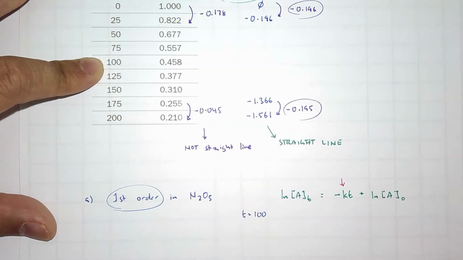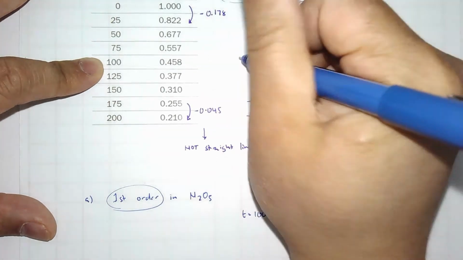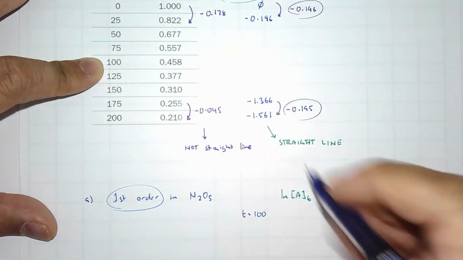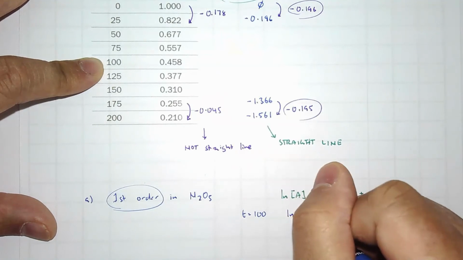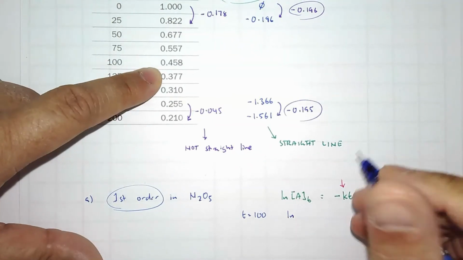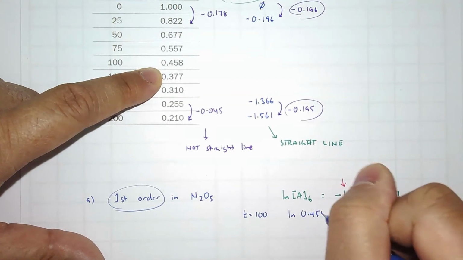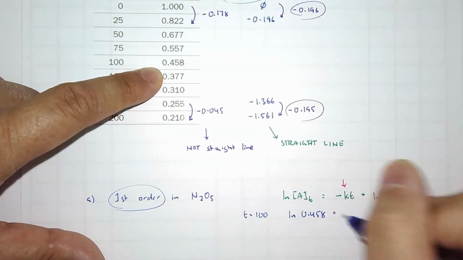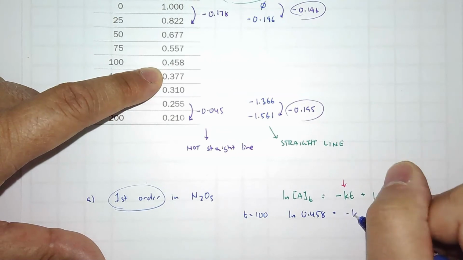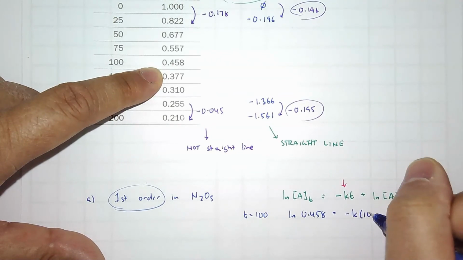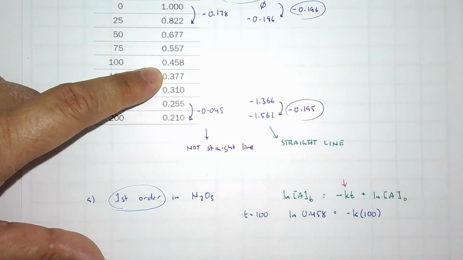So we need the ln. Okay, I could do this. ln of the concentration at that time, 0.458, equals negative k times 100. Was 100 the best number to use? I don't know if that was the easiest.